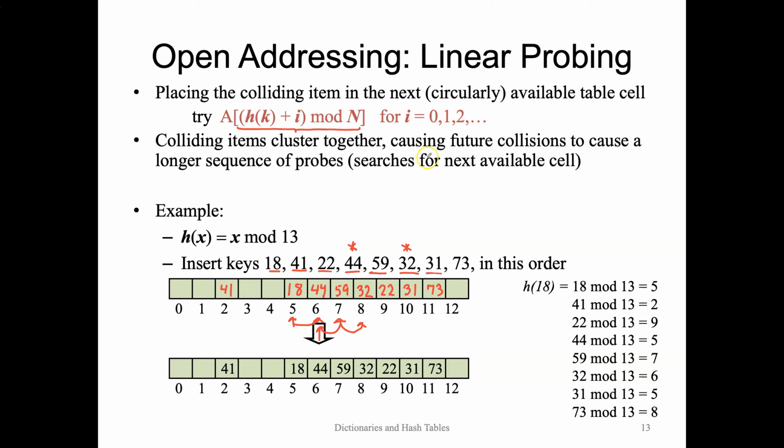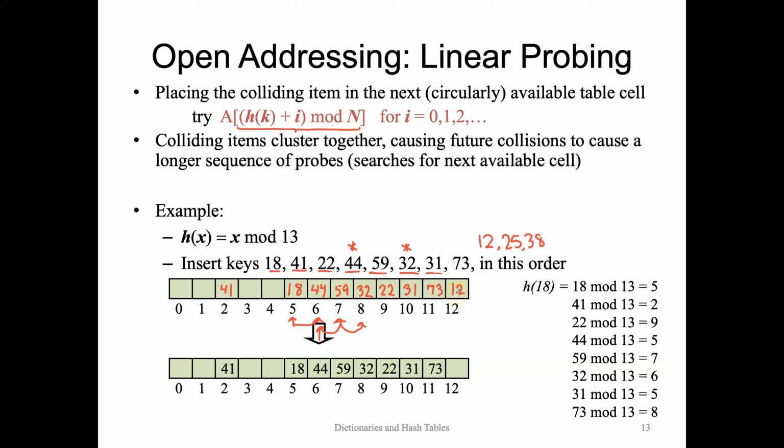And just to show you how this works in a circular fashion, let's say we were to also insert a few other keys. Let's say we insert after this the keys 12, and then 25, and then 38. So 12 mod 13 is just 12, we would put it here. 25 mod 13 is also 12, so we would try and place it here, but this is occupied.